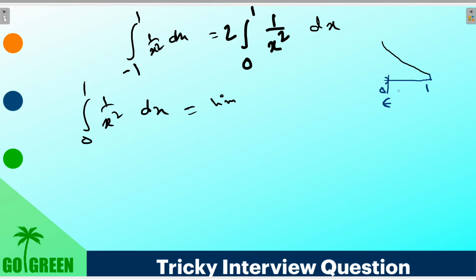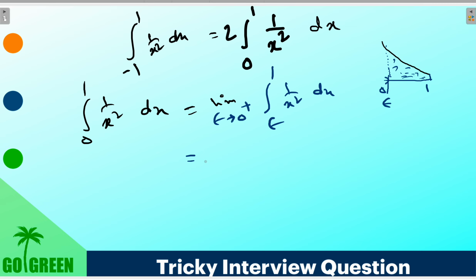Then from epsilon to 1 you first integrate, which means this area, and then take the limit as epsilon goes to 0 plus. Why 0 plus? Because we are approaching 0 from the right side, and then the integration is done on epsilon to 1 of 1 by x square dx.